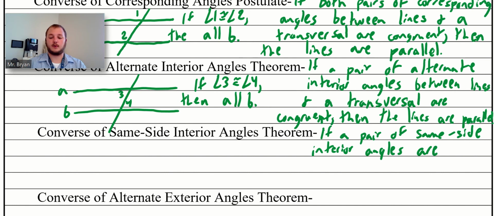are, okay, and remember we have to ask ourselves this question, what are they supposed to be? Well, usually when we see if the lines are parallel, then the same side interior angles, remember same side goes with supplementary. So these angles should be supplementary here.